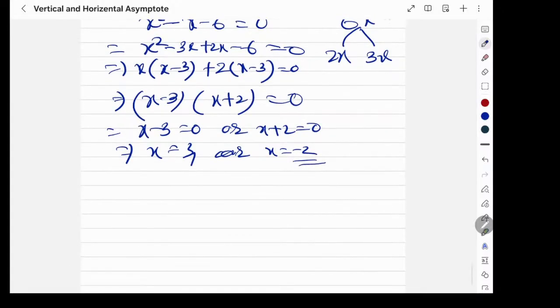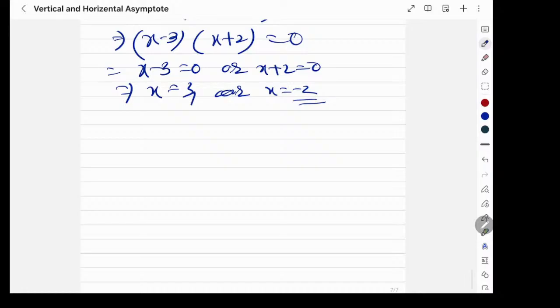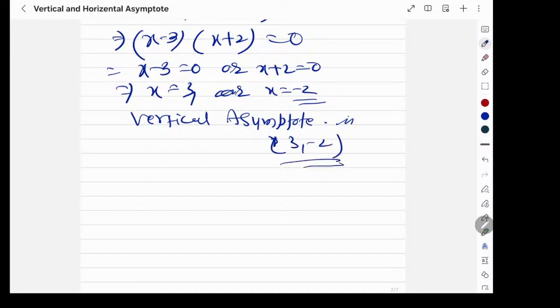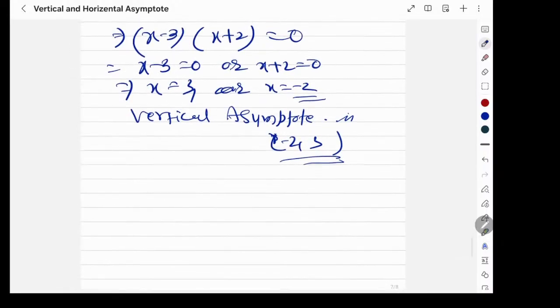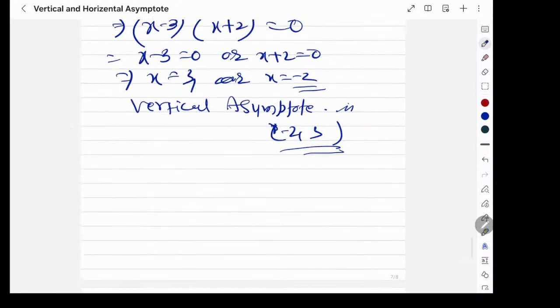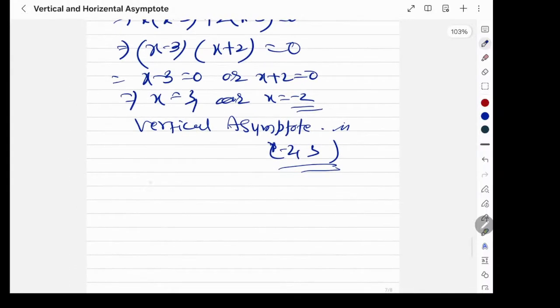So these are the two vertical asymptotes: x equals negative 2 and x equals 3. There are two vertical asymptotes. Then how do we find the domain?